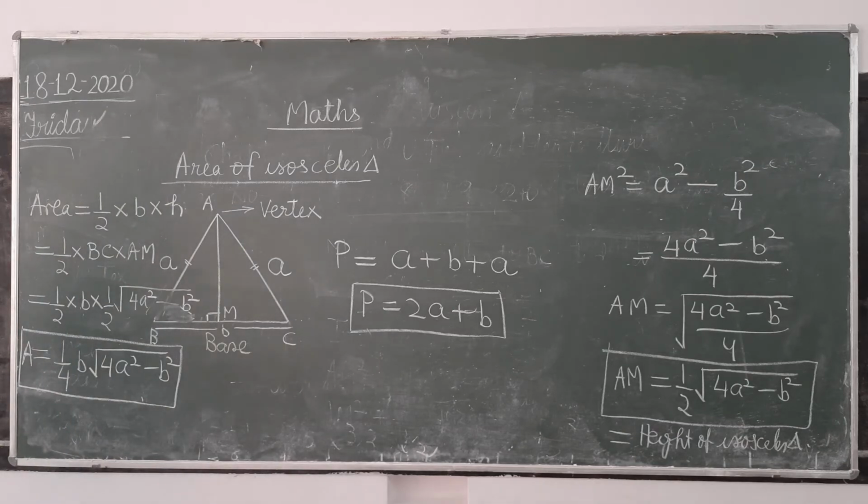Now about the area of a right angle triangle, already I have explained. What is the area of a right angle triangle? 1 upon 2 product of sides containing the right angle. So now we will do the questions.